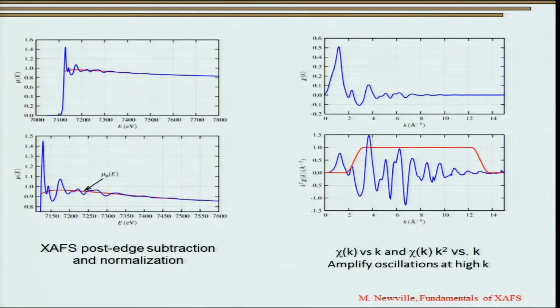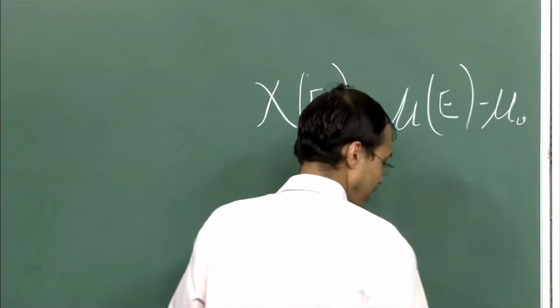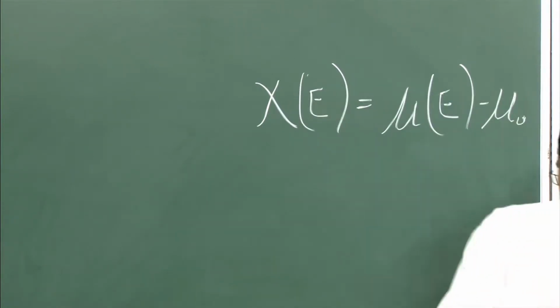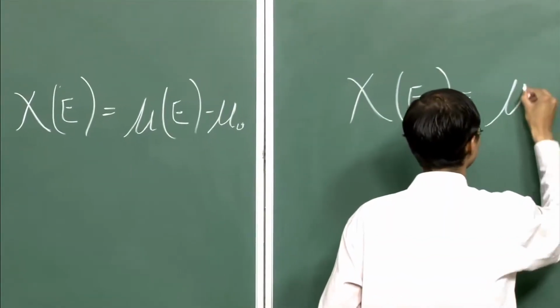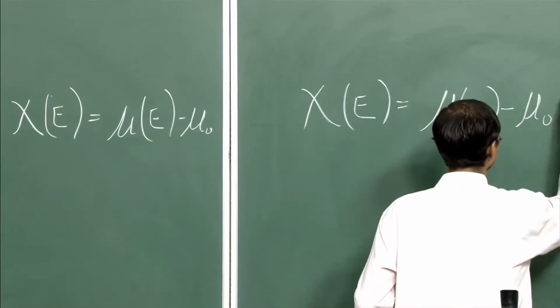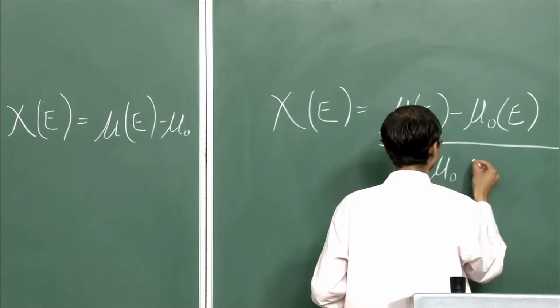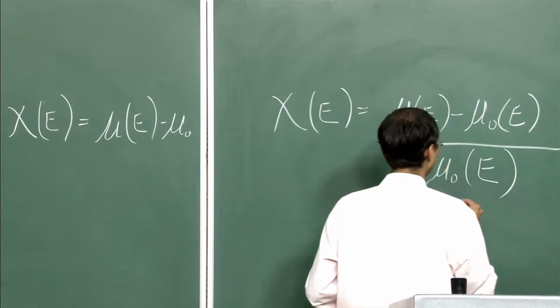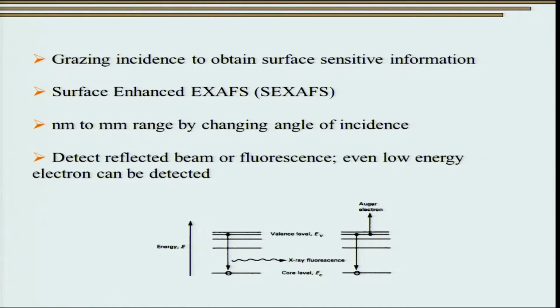Chi of E is equal to mu of E minus mu 0 of E. So, this is nothing but the differential term of mu 0. This is what we have done over here.